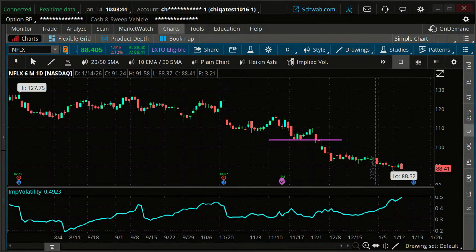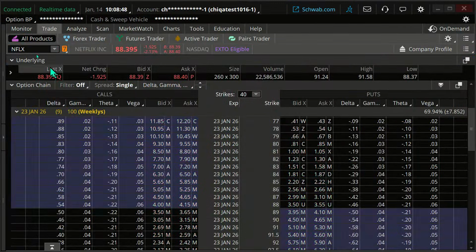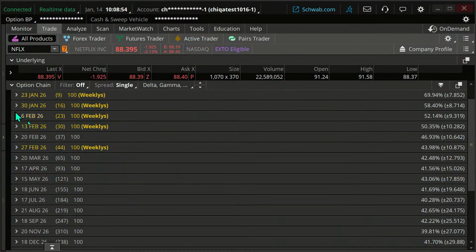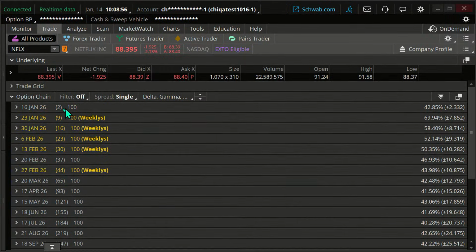So what's the market expectation on earnings? Well, we can go to the trade tab, pull up Netflix, and go out to next week's. We have one that expires in 2 days, but that's before earnings. Look over here. Next week, we have a 70% implied volatility.